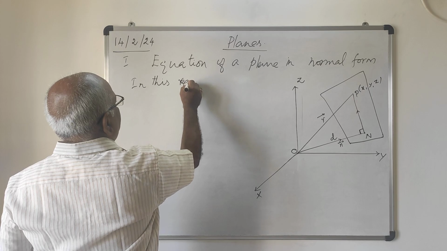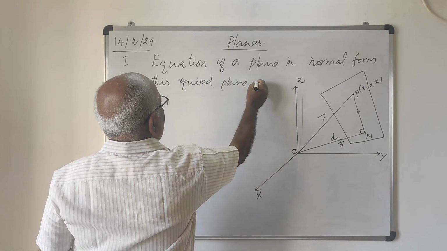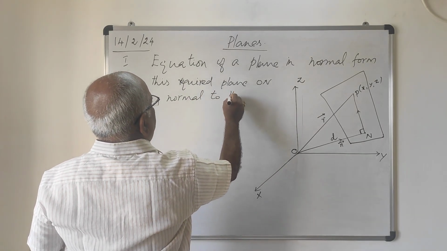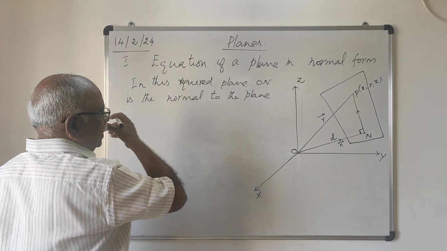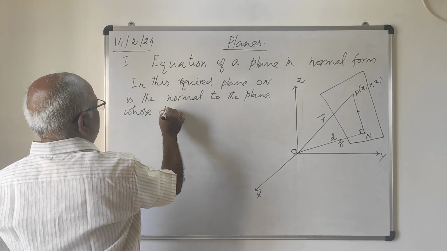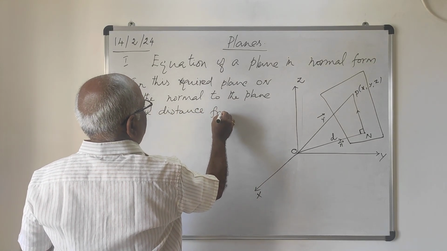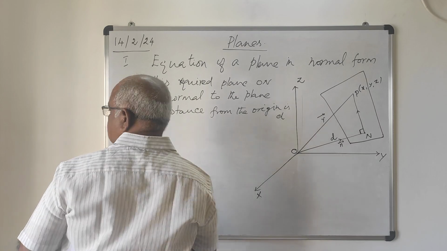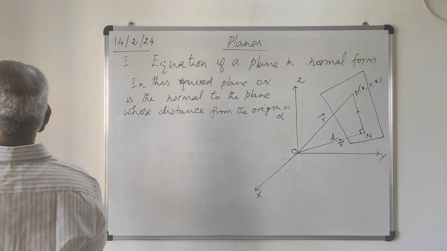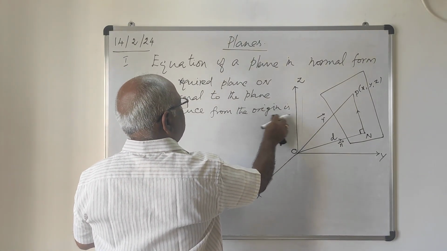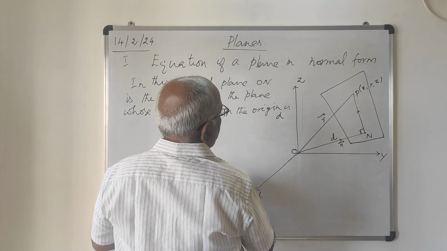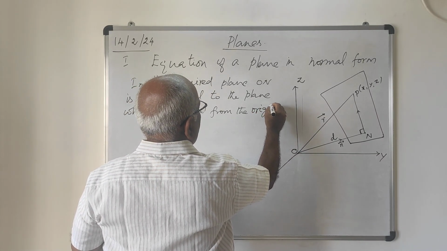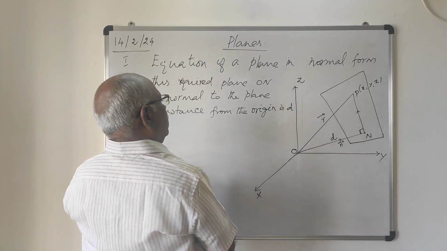In this required plane, ON is the normal to the plane whose distance from the origin is D.